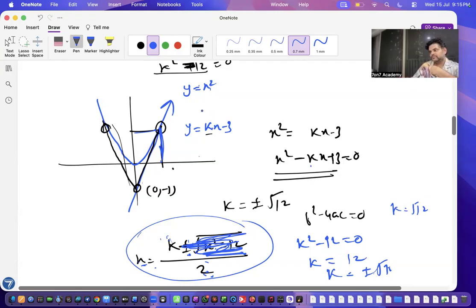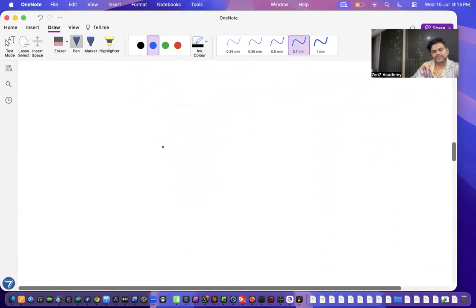But can we do another question like this? You can do it. See, now my question is: if I have x square plus kx plus 4 more than 0, find the integral values of k such that this happens.